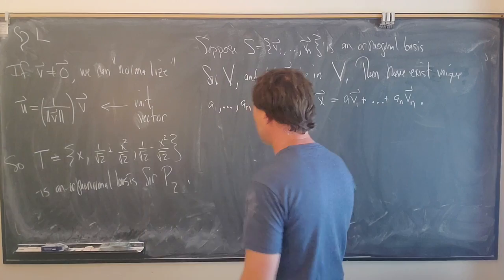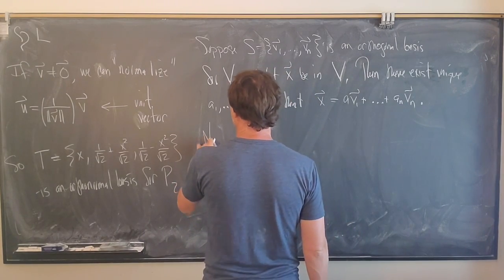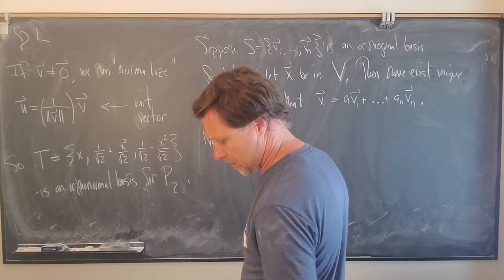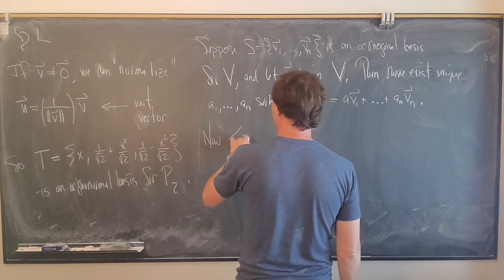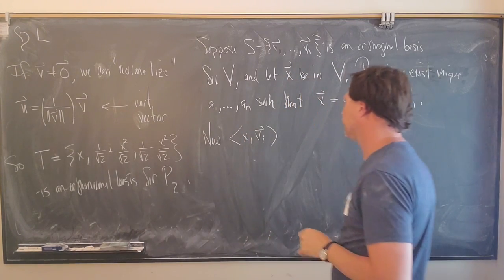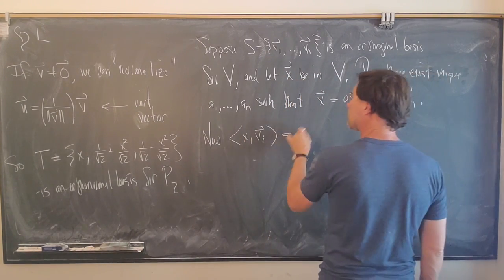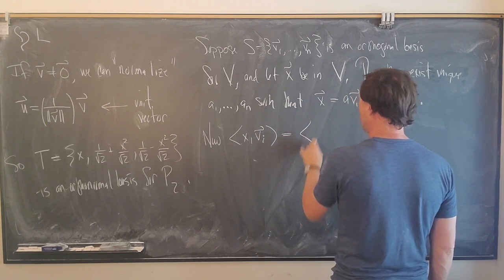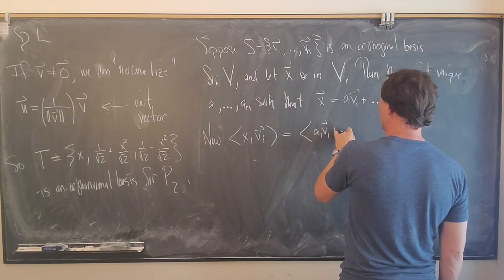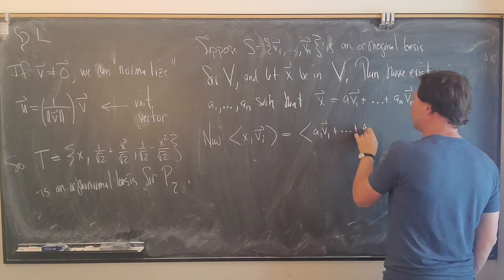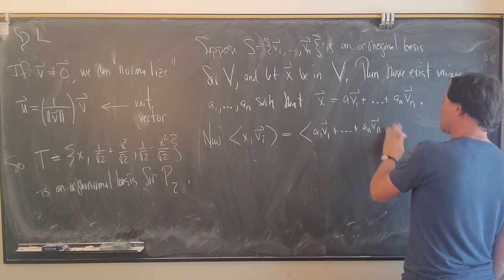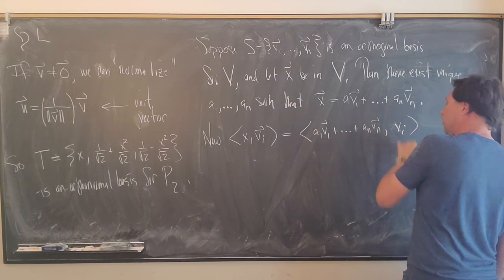Now, let's look at x inner product with vi. Substituting, that's a1 v1 plus dot dot dot plus an vn, all inner product with vi.